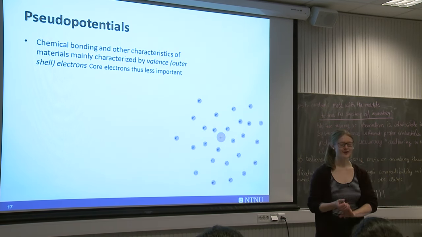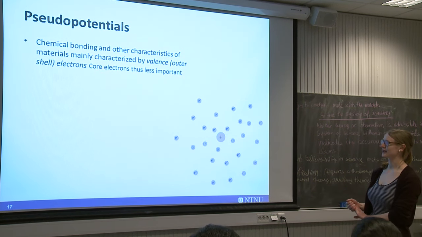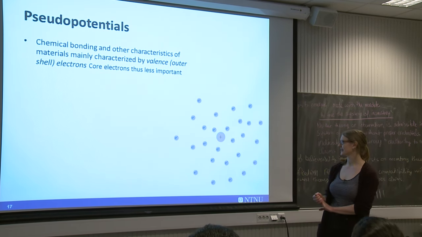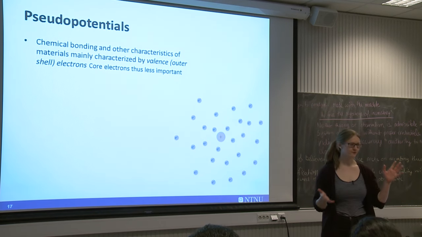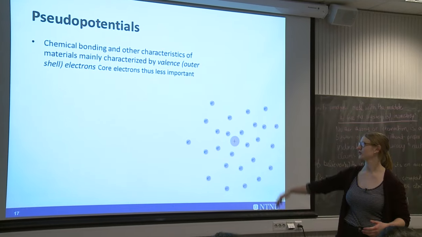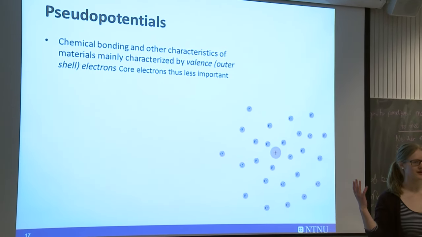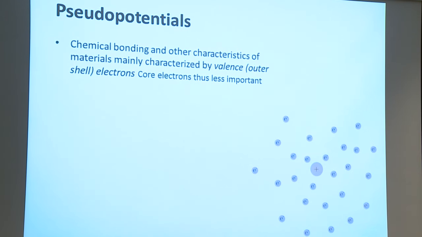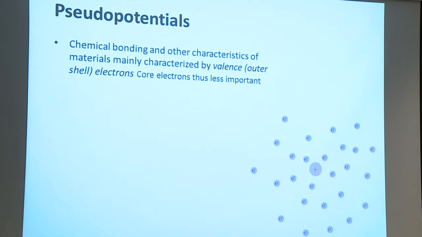The third important concept is pseudopotentials. Physical quantities like chemical bonding and other characteristics of the material which we care about are mainly characterized by the outer electrons, the valence electrons.